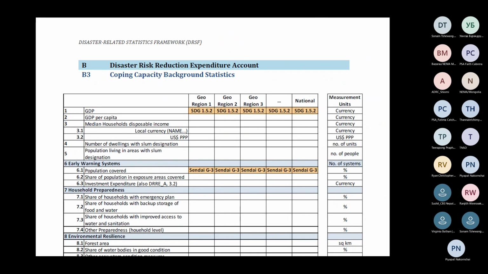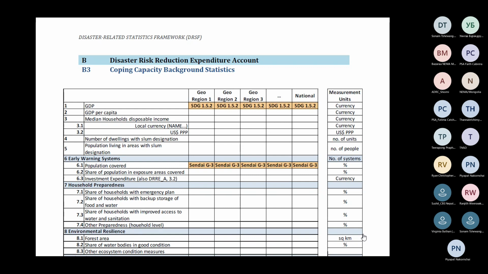But the next table is table B3 on background statistics on coping capacity. And this table, just in a nutshell, we are not going to invite countries to review yet. This is on coping capacity.